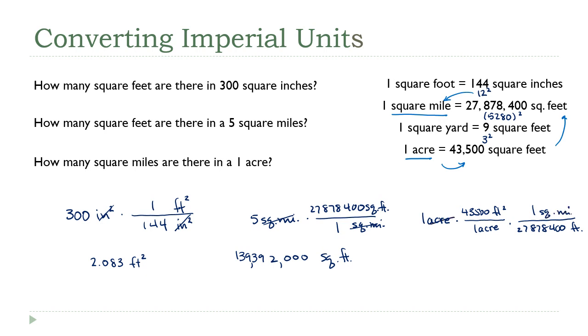So the acres cancel, the square feet cancel. We're left with, for the calculator, 43,500 divided by that 27 million number, and that's going to give you 0.00156 square miles. So not a lot. Right? 1 acre is not a whole lot of square miles.